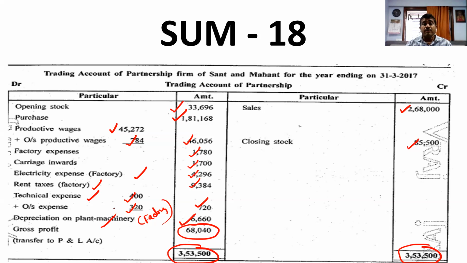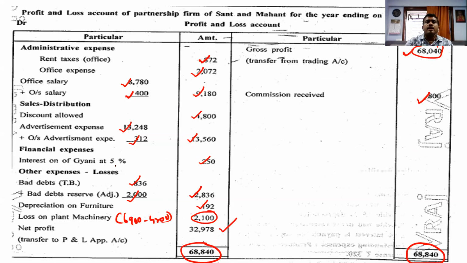Specifically the word factory comes, that's why. In P&L, I have set the space, 3 lines, here also 3 lines, 2 lines. If you write the sums and everything in the question itself, you can know how much space is required, and according to that, you can leave the space.